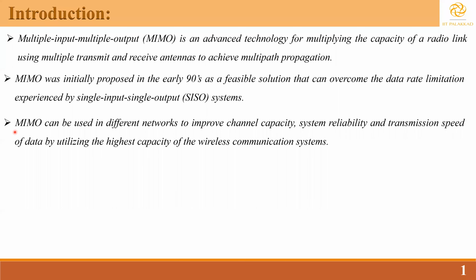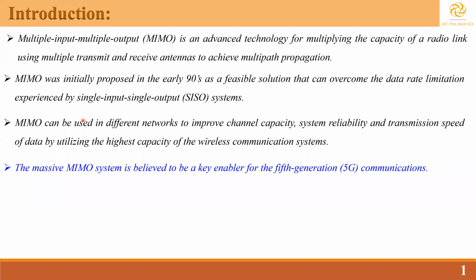Next, the massive MIMO system is believed to be a key enabler of 5th generation and 6th generation communication systems. At present we are at the 5G communications level and we are going towards 6G; in both, MIMO will play a very important role. In addition, in the coming 6G, there will be some additional things along with MIMO to improve the system reliability.